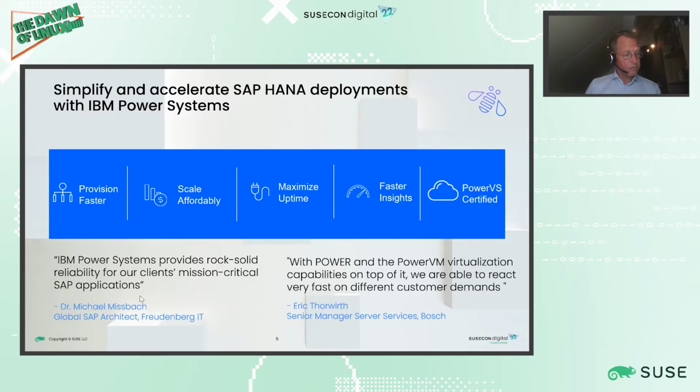Due to the structure and the performance of IBM Power Systems, customers can provide SAP workloads faster on IBM Power Systems than on other platforms. With the built-in virtualization capabilities of IBM Power servers, customers can provide what they need and scale up or down when workloads grow or shrink, and pay only what they use.